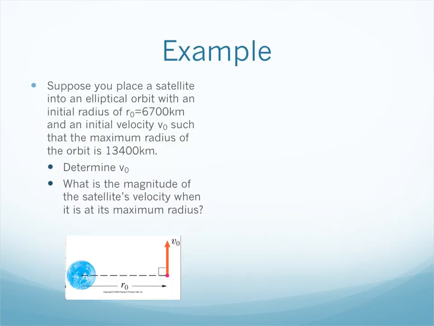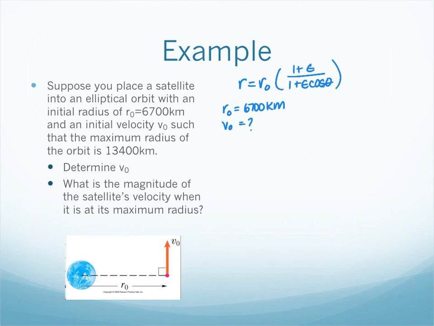So essentially, let's look at this example where we have an object with an orbit, and we're going to use this expression to figure out how r depends on theta. And so we know that r naught is 6,700 kilometers. Initial velocity, we're not sure of.